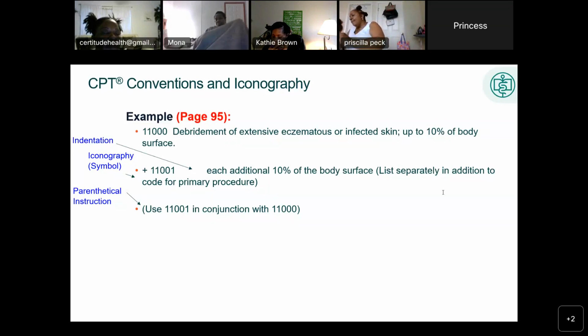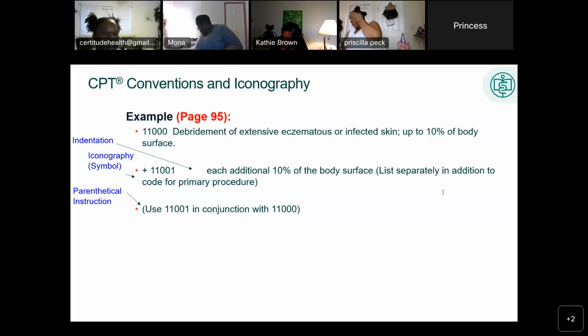Okay, so from the additional 10% to the 20%, no matter what the number is in between there, you would still use the 11001, no matter if it was 14, 15, 16, 18, or 20, correct.